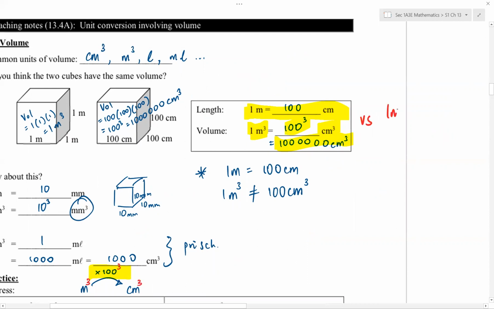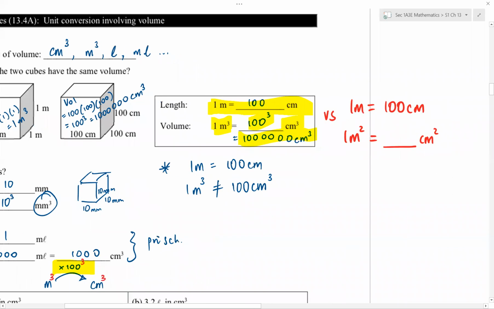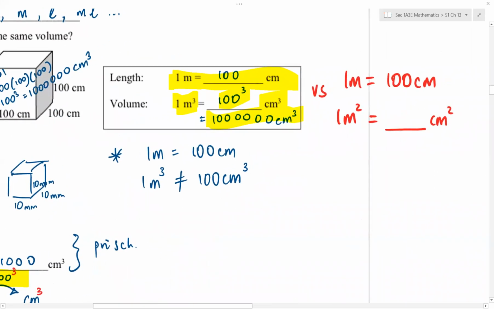Versus area, 1 meter, same thing, 100 centimeters. 1 square meter, how many square centimeters? Do you remember this? Even if you don't remember, you can see the pattern, right? 1 meter, 100 cm. 1 cubic meter equals 100 centimeter cube. So for area, we are going to square it.